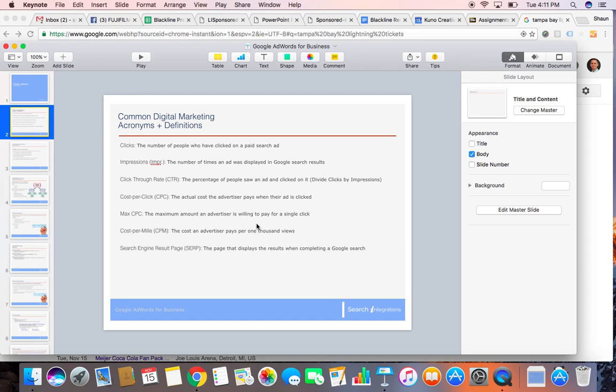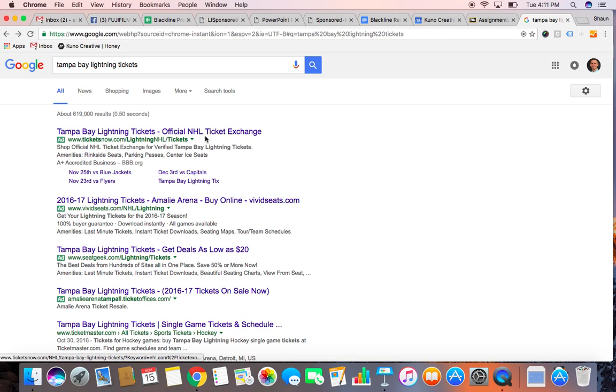The good thing about AdWords with this cost per click and the max cost per click is, let's say that ticketsnow.com was willing to spend $5 per click. However, Google doesn't charge you $5 per click. It only charges you 1 cent more than what it would take to be number 1 over the ad below you. So let's say you're maximum willing to spend $5 a click here.